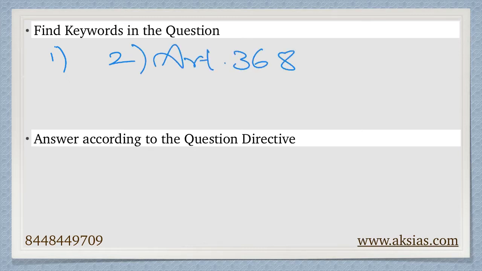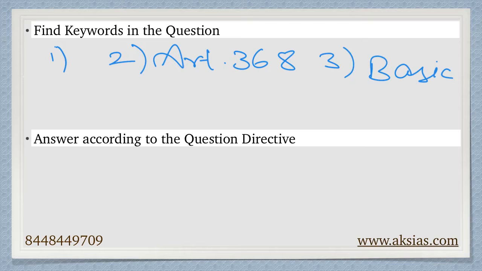Number three, the basic structure of the Constitution. When you write your answer, ensure that you touch all the main keywords given in the question. This is the core focus you have to keep in mind while writing an answer.